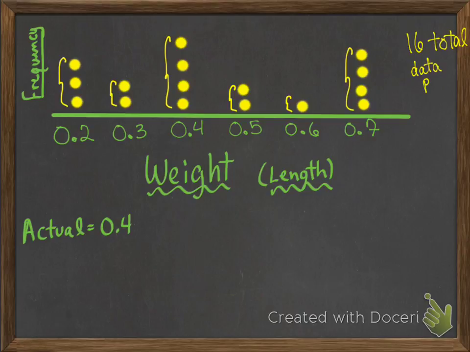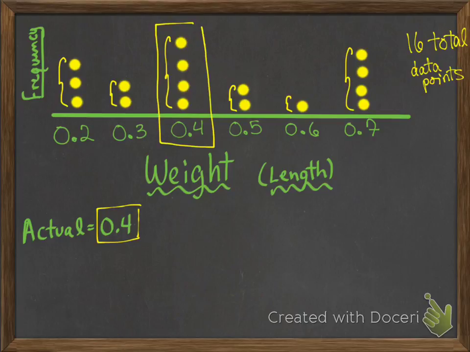So if you're comparing percent error, and your actual was 0.4. So you had all this and you looked up in a textbook that the actual weight of this special type of rock should be 0.4 milligrams or whatever it is. Which one of these has the greatest percent error?